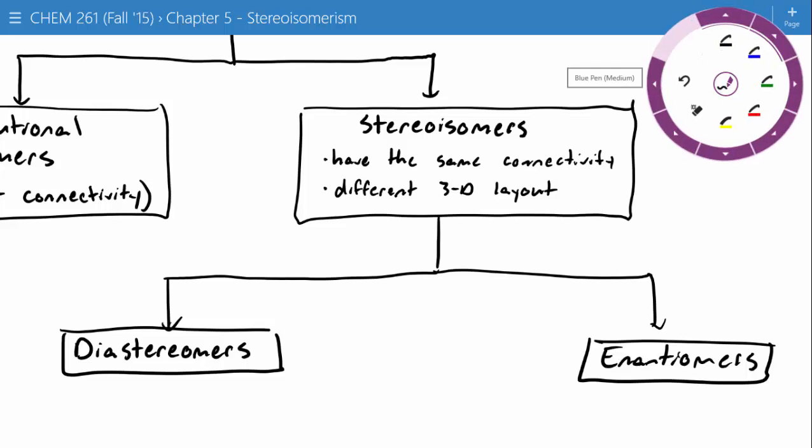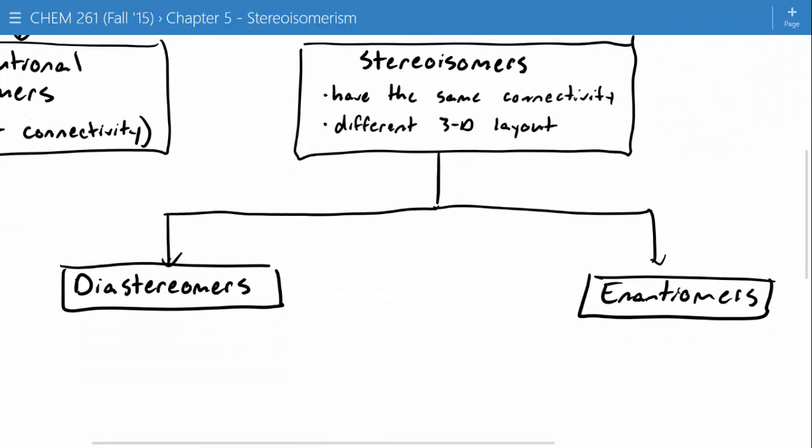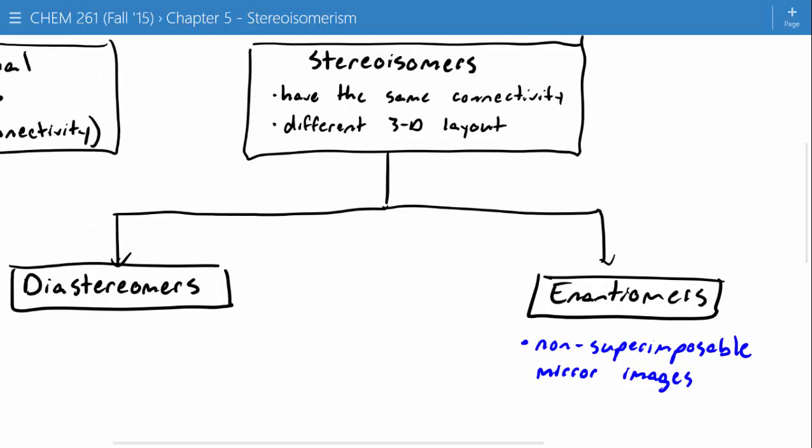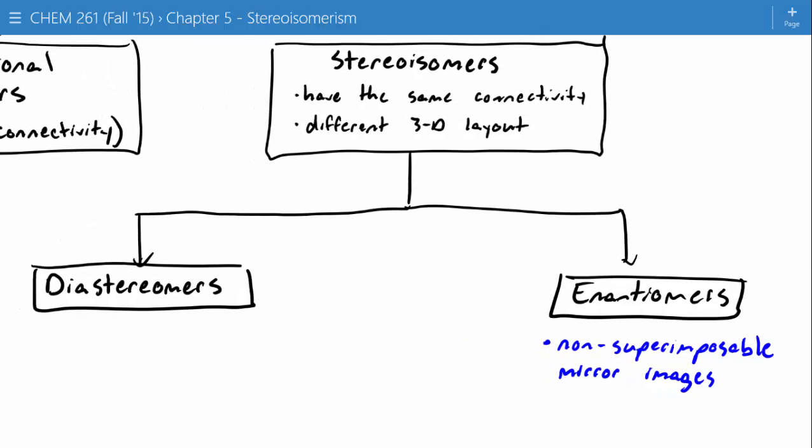All right, what was the defining characteristic of an enantiomer? Yeah, non-superimposable mirror images. What about diastereomers? Yeah, exactly. So one thing we could say is that they are not mirror images.